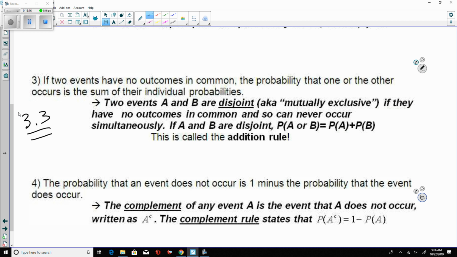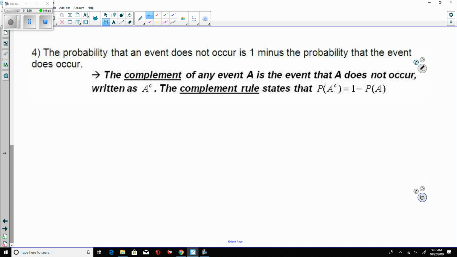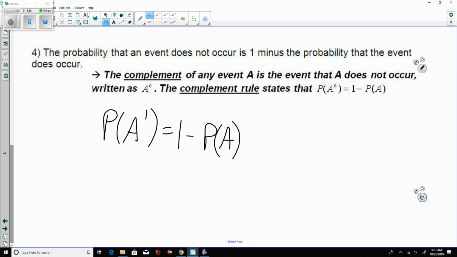And that's where it gets real tricky. Now, the last one here, number 4, is your complement. They have here A^C, A complement. The book will also use the probability of A prime, which is 1 minus P of A. And that's your complement.